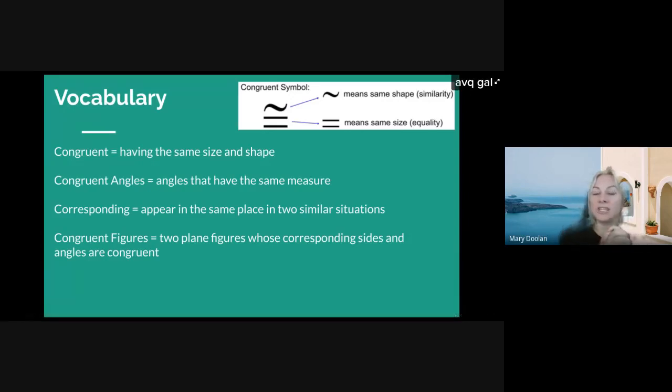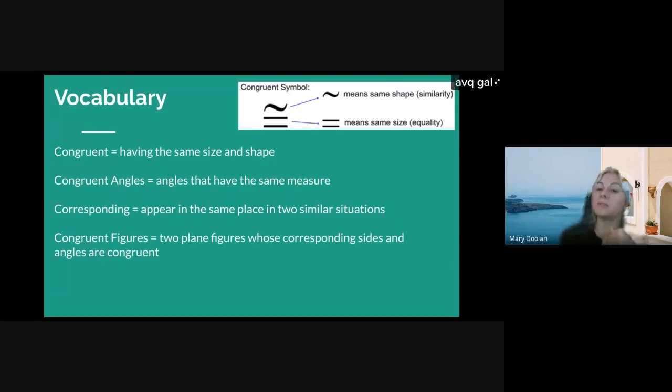And let's just take a look at the congruent symbol first, which is in the upper right-hand corner. It is composed of two other math symbols together to create it. So that wavy on its side looking thing is a similarity. It's a similar symbol. So if two things are similar, that's the similar symbol. It means the same shape.